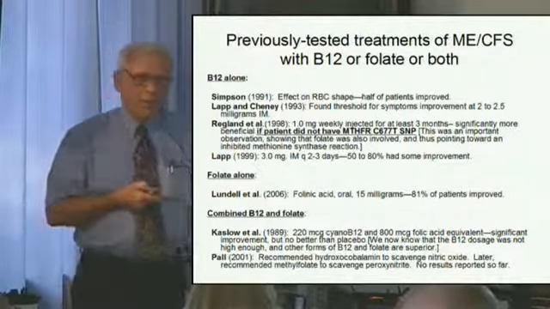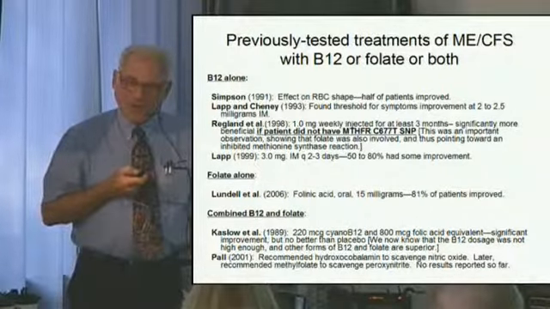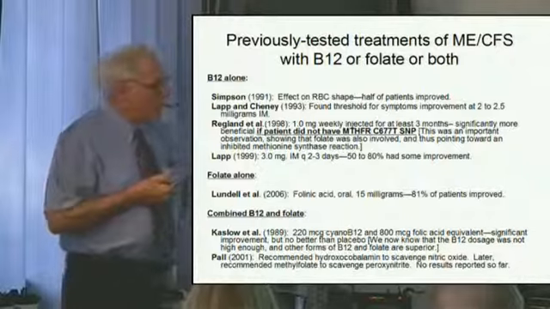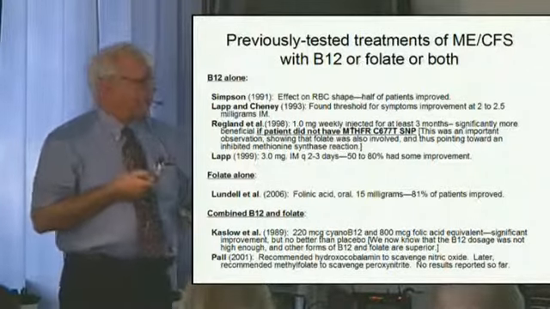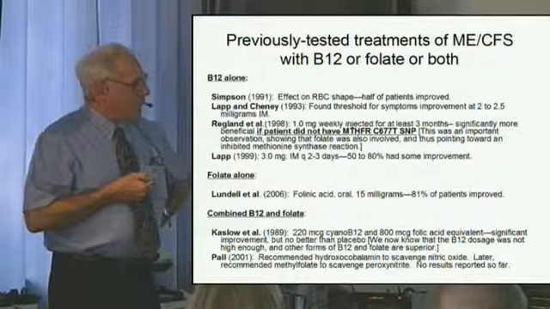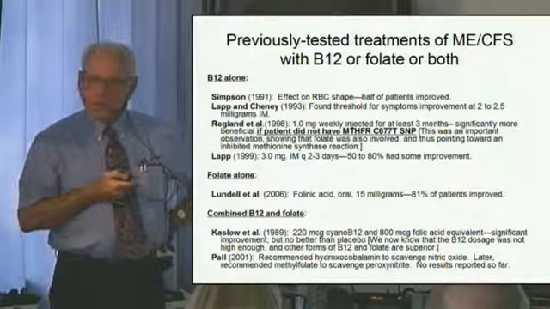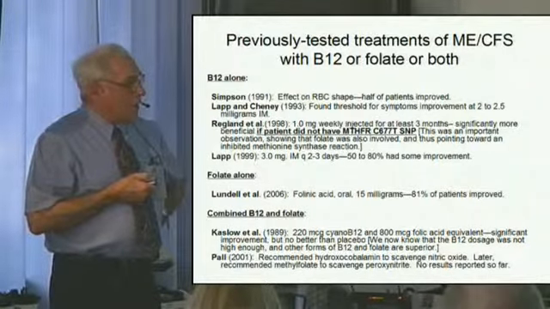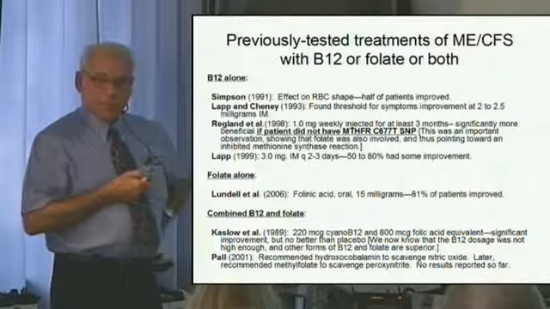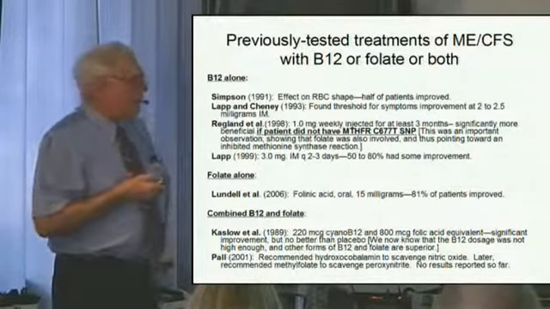Now, I read that paper when it came out, and I didn't understand the significance of that, and no one else did either, as far as I know. But there's the clue right there, okay? You got to have folate with it. The people who do have that are not able to make methylfolate very well. So you need B12 plus folate, and you need to have it at this dose, okay? So we were all kind of shooting around it, but we didn't quite understand what was happening.